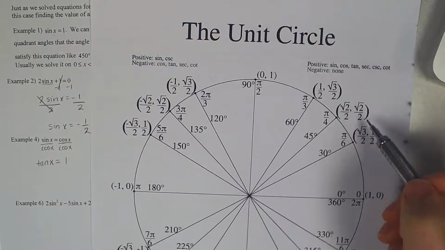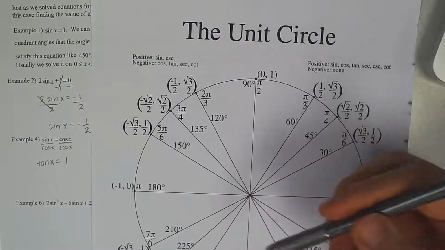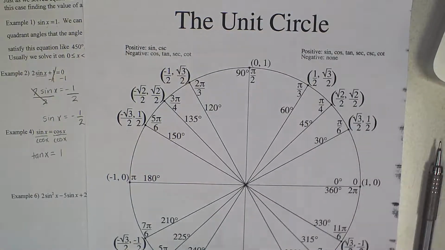Where tangent x equals 1 is basically where y over x is the same. Where is y over x the same?